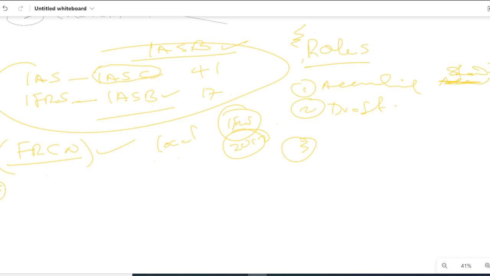Receive copies of annual reports and financial statements of public interest entities. Maintain a register of professional accountants and other professionals engaged in a financial reporting process. So these are some of the duties or roles of this Financial Reporting Council of Nigeria.